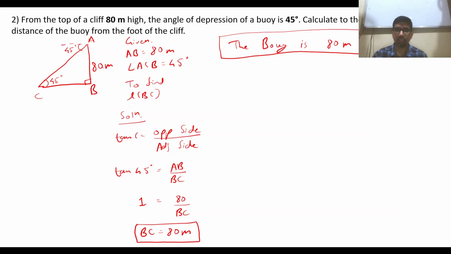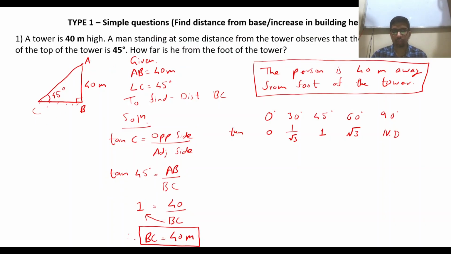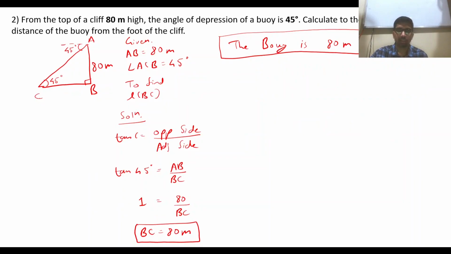Height over here was 80 meters. Distance is also 80 meters. In the previous question, the angle is 45 degree, the height is 40 and the base is also 40. So whenever you get 45 degree, height and base will be the same. Why? Because tan 45 is 1. And that's the answer.